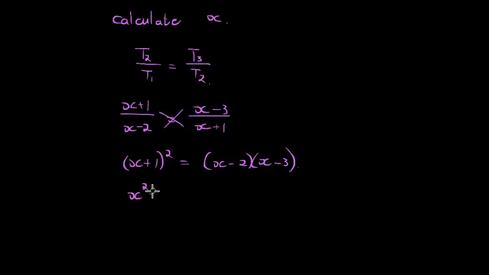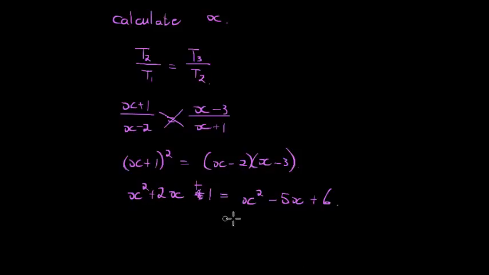So x squared plus 2x plus 1 is equal to, this side becomes x squared minus 2x minus 3x gives me minus 5x. Negative 2 times negative 3 is positive 6.